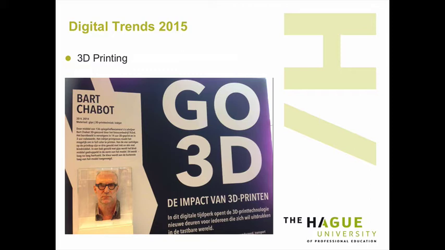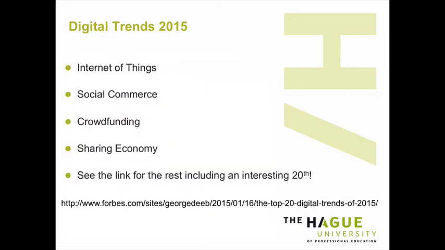The Gemeente Museum in The Hague also have quite a few examples, but 3D printing is pretty amazing. There's also the Internet of Things you'll be hearing about, social commerce, crowdfunding is becoming really popular, so platforms like Kickstarter. The sharing economy, so a lot of business models are really being flipped. So have a look at the link for the rest, including a really interesting 20th. See what you think of that one.